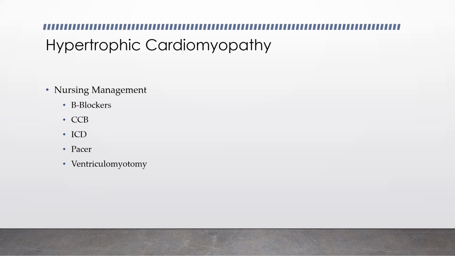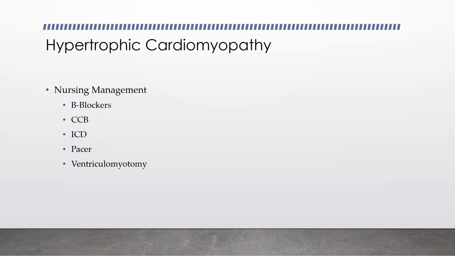In addition, I need medications that are going to help decrease that contractility or the force of contractions, because really that's consuming a lot of oxygen and a lot of energy, leading to activity intolerance. So beta blockers can be indicated for this. Calcium channel blockers, other medications are amiodarones or other types of antidysrhythmics for dysrhythmias.